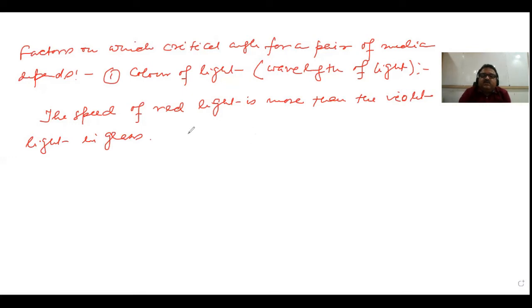That means what? We can write V of red light is more than V of violet light. Let me write it like this. Now, what we know, sine of theta c is equal to 1 by mu. Okay, where mu is the absolute refractive index. Clear? Now, let me do it for different colors of light.